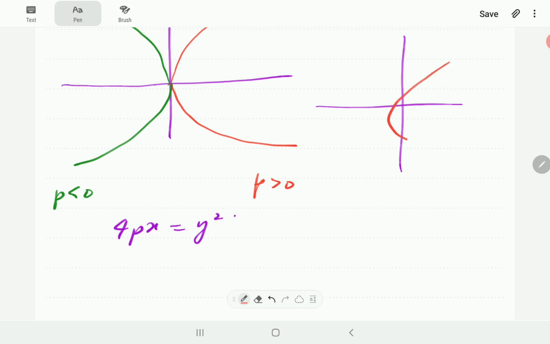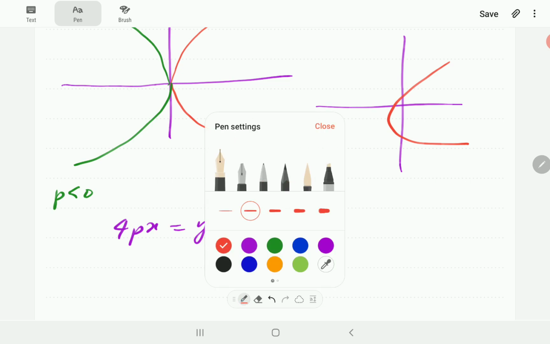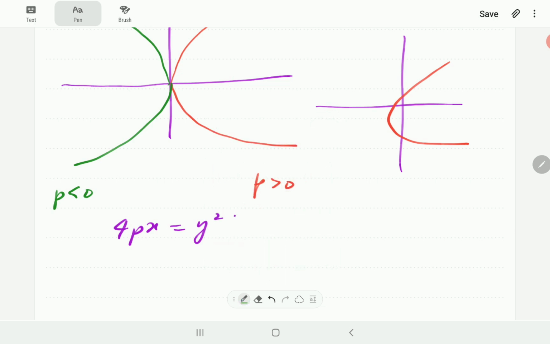It could open to the right if p is positive, sorry, to the right, or it could open to the left.